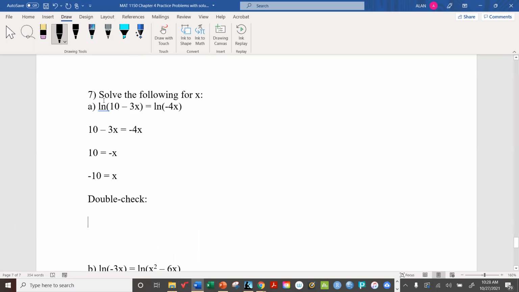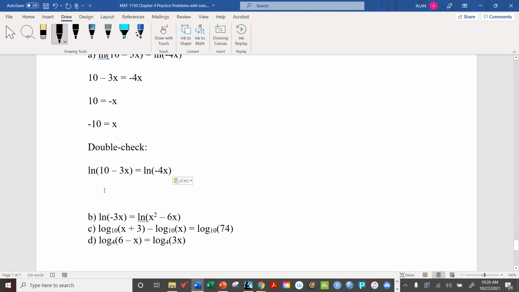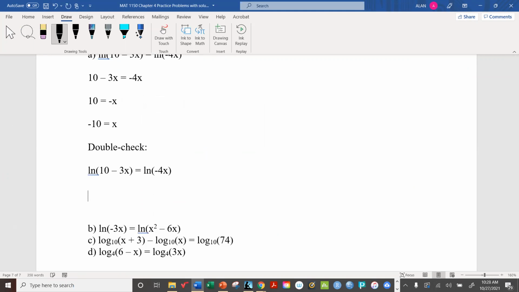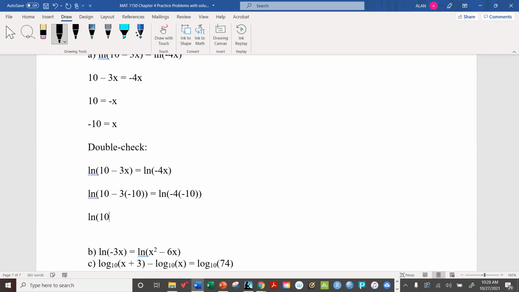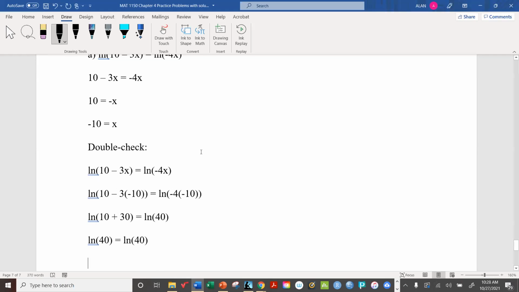In this case, you would plug in the negative 10 and see if these are in fact equal to each other. And you're right, it works. So the double check is correct. So negative 10 is the value of x.